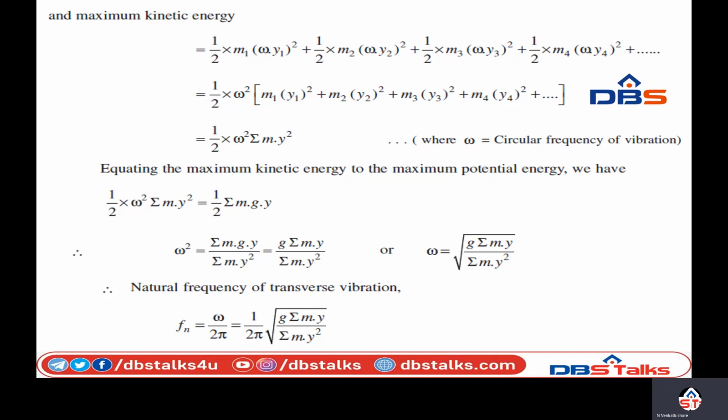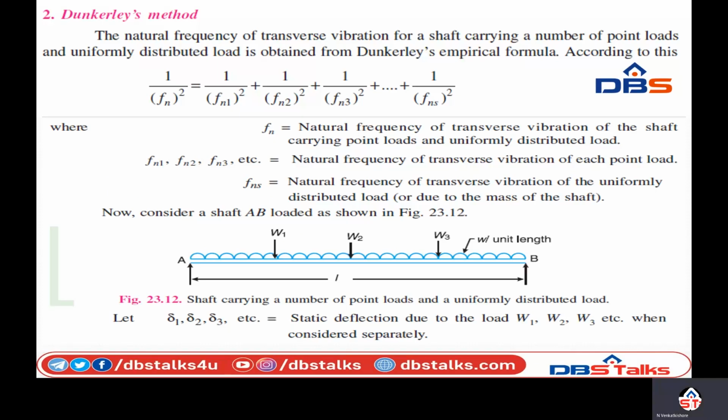Then by applying Dunkley's method, the next method is Dunkley's. By Dunkley's, the natural frequency of vibration for a shaft carrying a number of point loads under UDL condition is obtained from Dunkley's empirical formula. According to that, 1 by Fn square, that is, inverse of frequency square, is equal to the summation of the remaining frequencies which are developed.